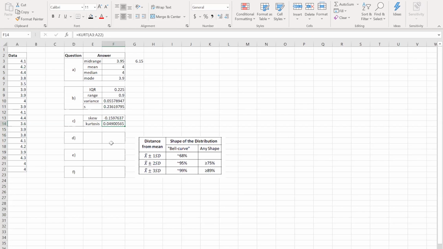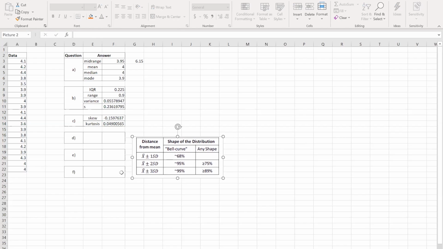Okay, so this is where it gets a little bit trickier, though not by much, and I've included this here for you to reference. This is also on page 38. Everything that I'm asking for is right here. For D, E, and F, D is essentially asking what range would you expect 50% of the values to lie within?